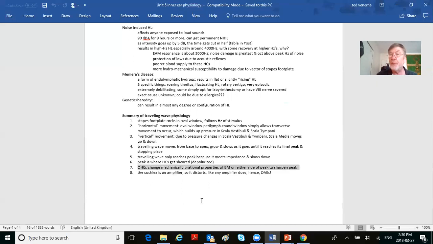And one of the things you're going to be testing on hearing aids is their harmonic distortion. Because they amplify, they distort. All amplifiers distort. The cochlea is no exception. It's an amplifier, and it amplifies what? Soft sounds below 50 dB. It amplifies and sharpens the traveling wave. And because the outer hair cells are doing that, it's going to produce a distortion. And that distortion is OAEs.